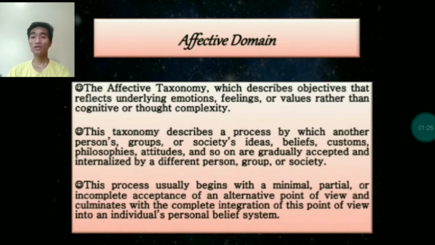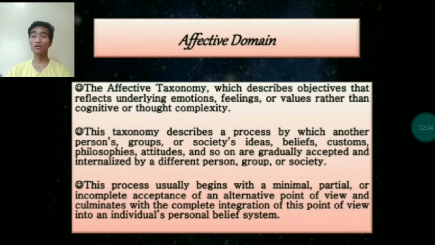The affective domain, or affective taxonomy, describes objectives that reflect underlying emotions, feelings or values rather than cognitive complexity. The taxonomy also describes a process by which other persons, a group or society, so also the ideas, beliefs, customs, philosophies, attitudes, and so on, are gradually accepted and internalized by a different person, group, or society.